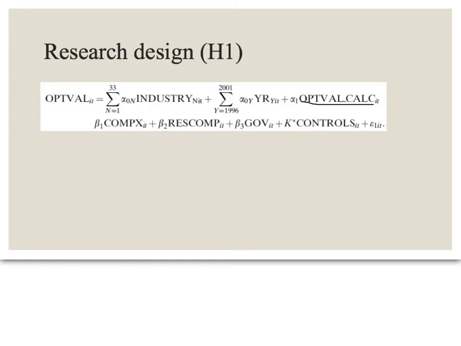RESCOM is a proxy for excessive executive pay, so we also expect negative relationship there. And GOV is a proxy for corporate governance based on IRRC score, and we also predict negative relationship between GOV and option value.